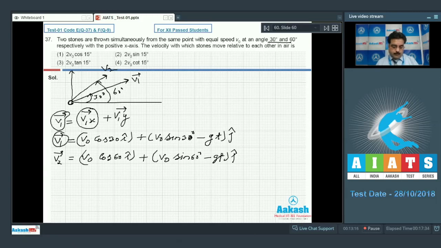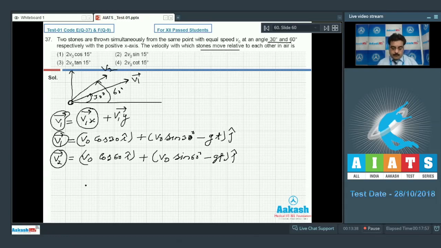So these two are the final velocity vectors. On the other hand, you can say v1 and v2 are representing the velocity vector at time t for v1 and v2 both. And now as per the question, it is asking us the velocity with which stone moves relative to each other.